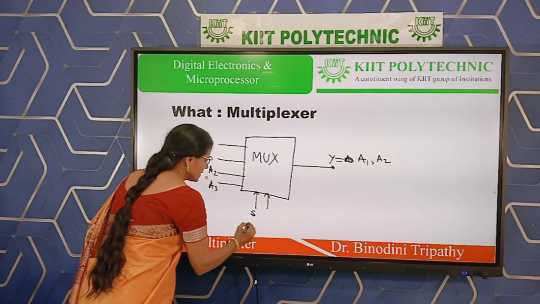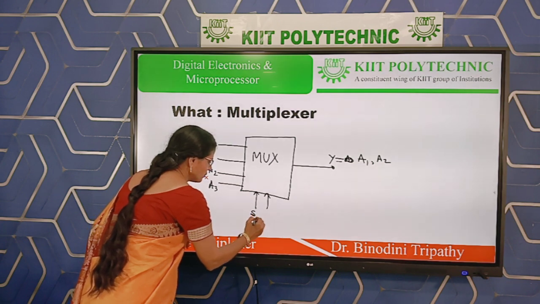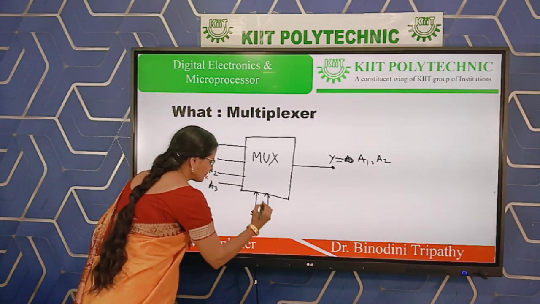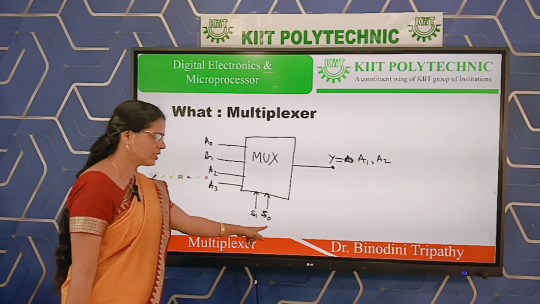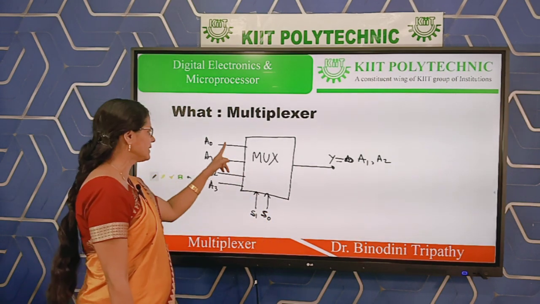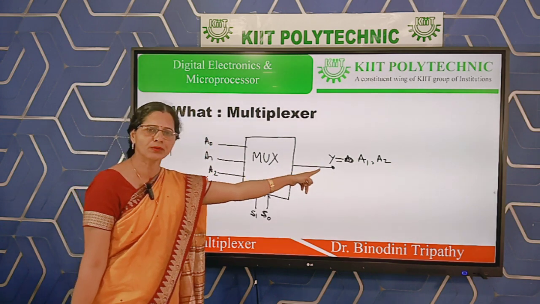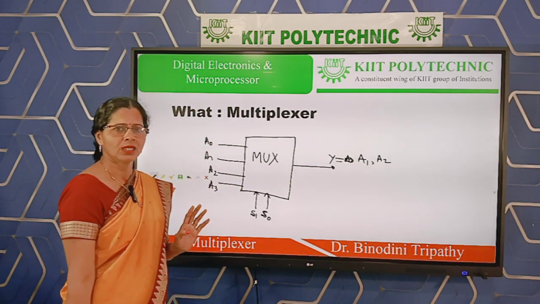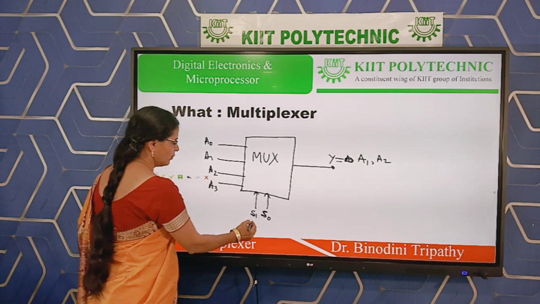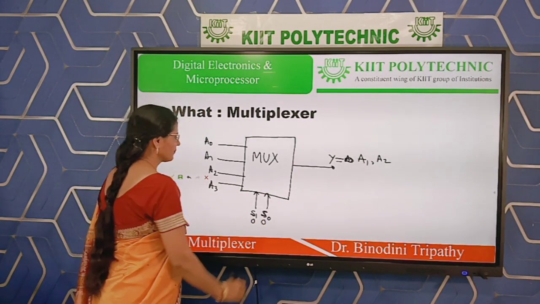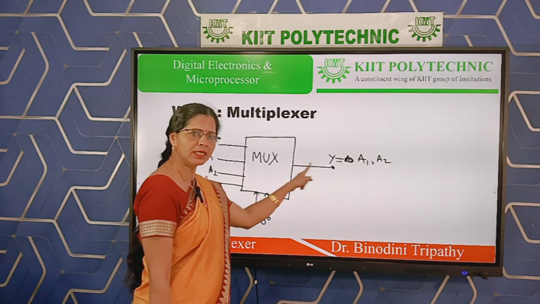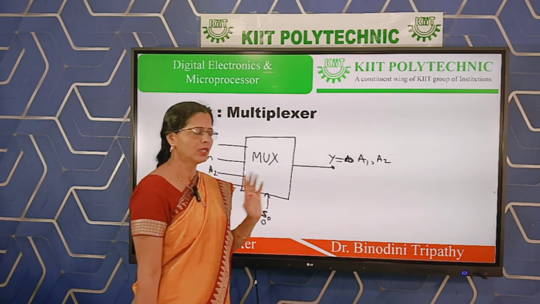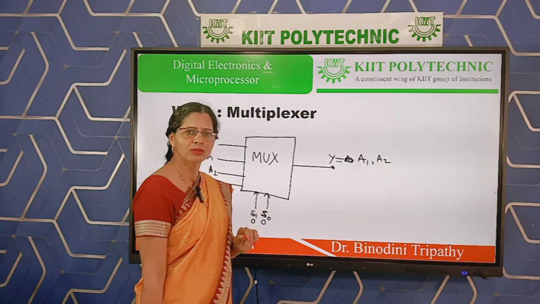So let us consider the selection inputs S1 and S0. The bit values of these two selection inputs decide which input will be routed to the output. Here is one example. When you apply 0, 0, then A0 will be selected by your MUX and will be available at the output, so Y is equal to A0.